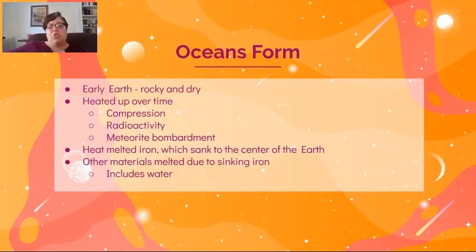But this changed because the early Earth was heating up. Part of the reason for this heating is those meteorites I just mentioned. Every time one of them hit the Earth, well, they were moving, which meant that they had a lot of kinetic energy. And the law of conservation of energy tells us that that energy doesn't just vanish when they collide with Earth's surface.